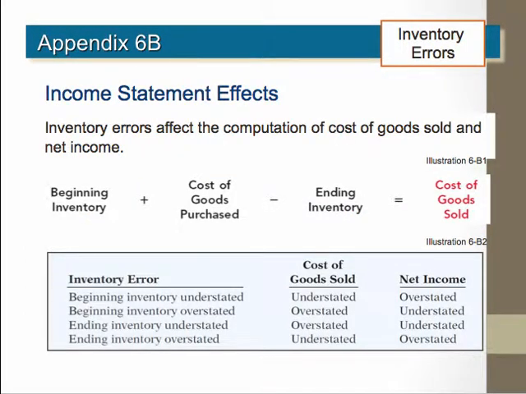Here's an example of what could happen on our financial statements if there was a mistake in our ending inventory. If we were to understate or overstate our beginning or ending inventory, it would have an effect on both our cost of goods sold as well as our net income.